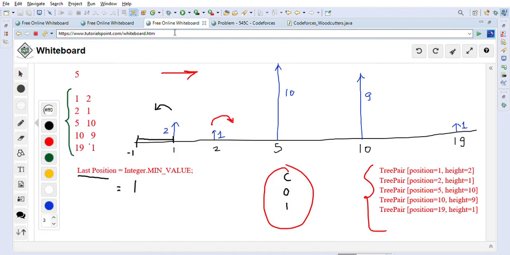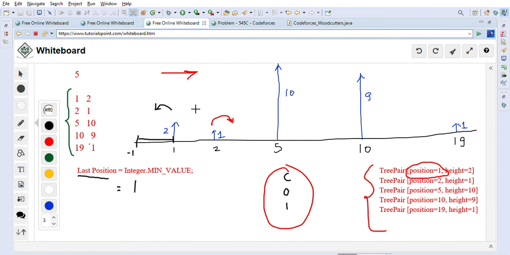So let's just do a quick recap of how we solved this problem, Woodcutters on Codeforces. We converted the input that is given to us into tree pairs, and we sorted the tree pairs array based on the positions, right? After that, we went through the tree pairs one by one, and we used this logic: if we can fall the tree on the left side, or if not on the left side, we will try to fall it on the right side.